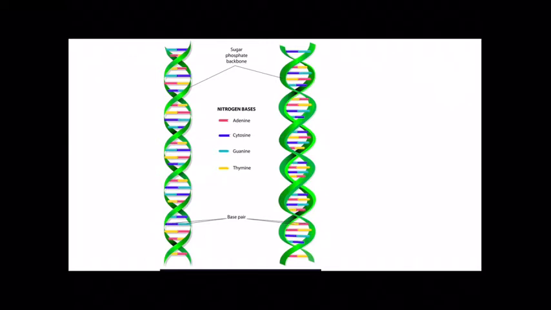DNA, or deoxyribonucleic acid. The function of DNA in the body is that it contains our inherited genetic material. Every single cell in our body, except for cells that don't have a nucleus, has a complete copy of all 23 pairs of chromosomes.